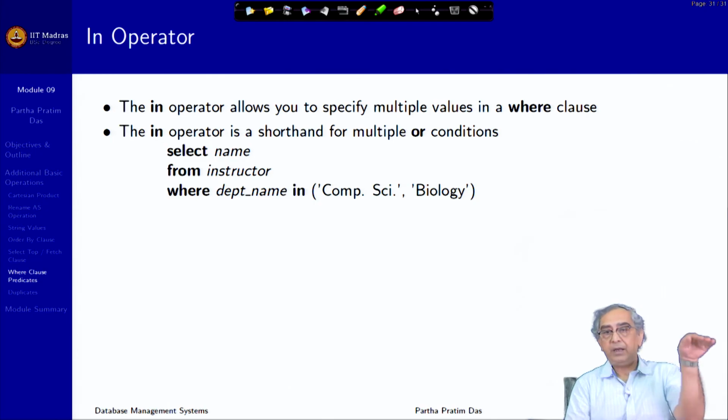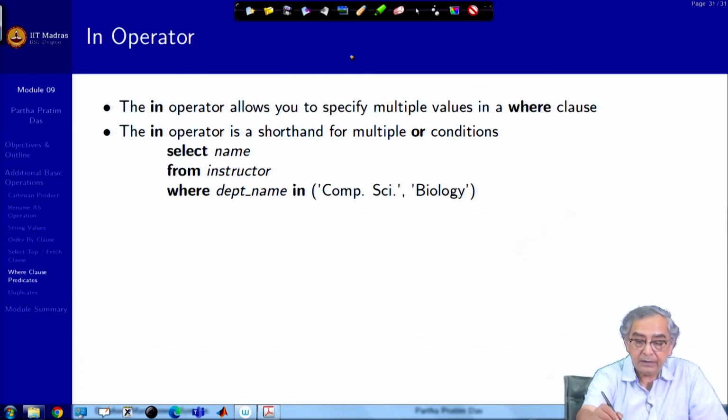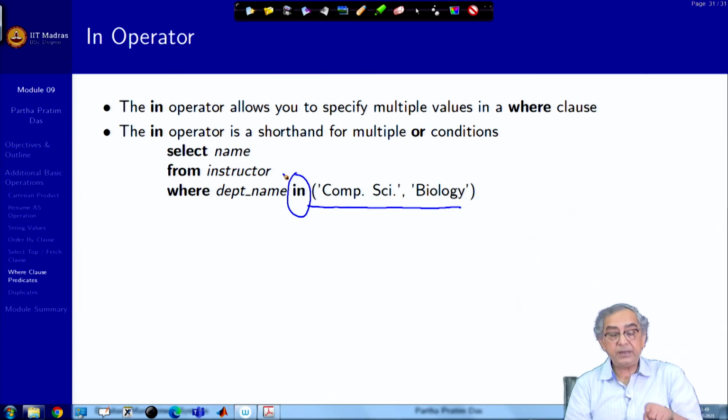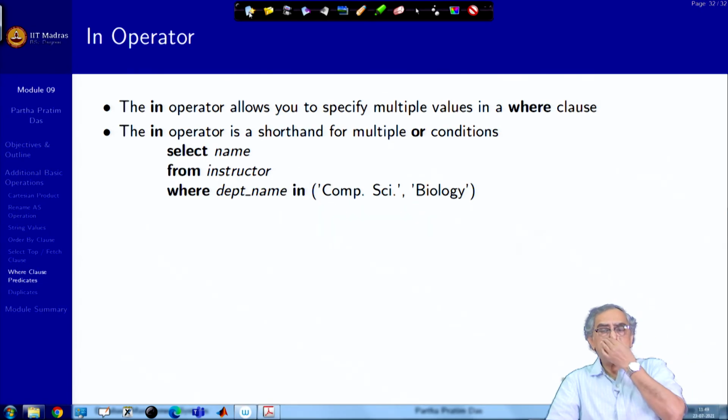Instead of writing so many clauses and or, you can simply put them in a list and use in. This will be true if department name is computer science or if department name is biology. These are not adding new features, but this just makes programming in SQL easier.